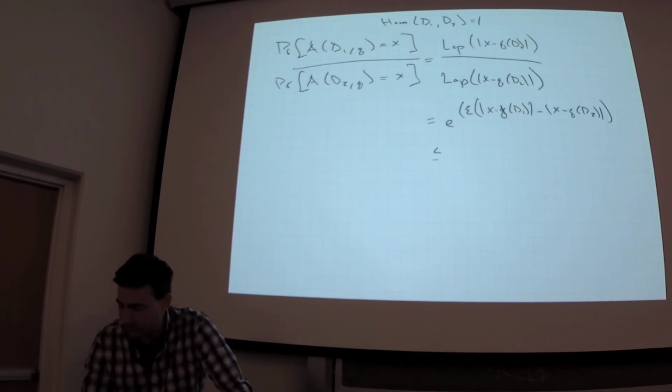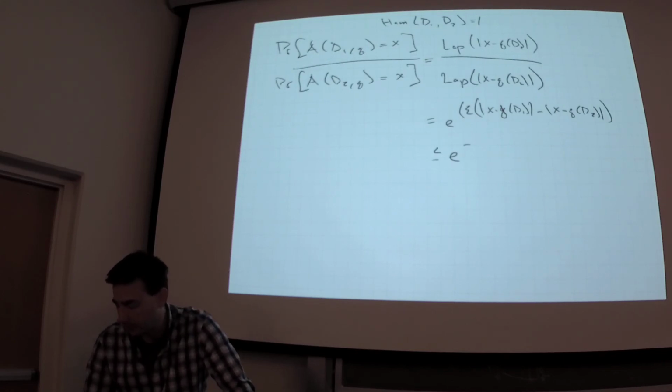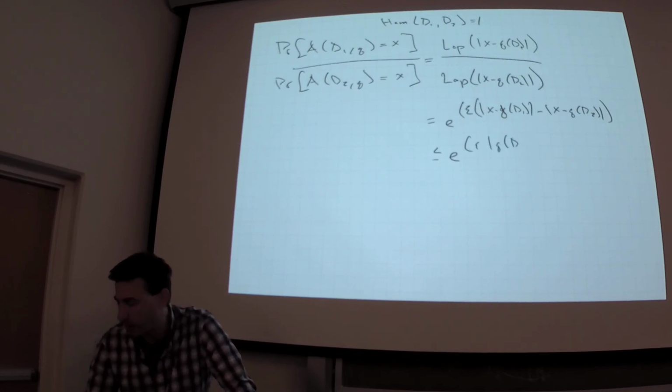And this is less than e to the epsilon times the difference between the query on D1 minus the query on D2.